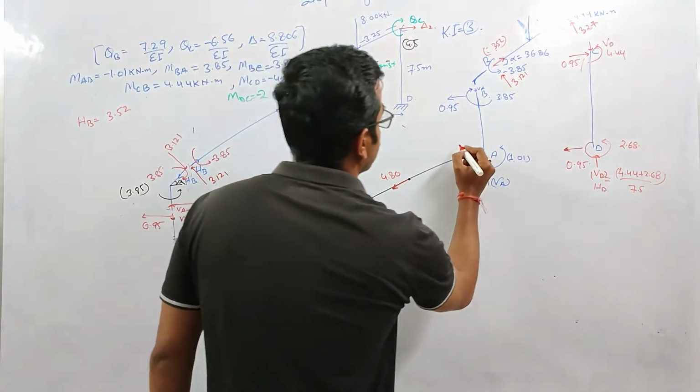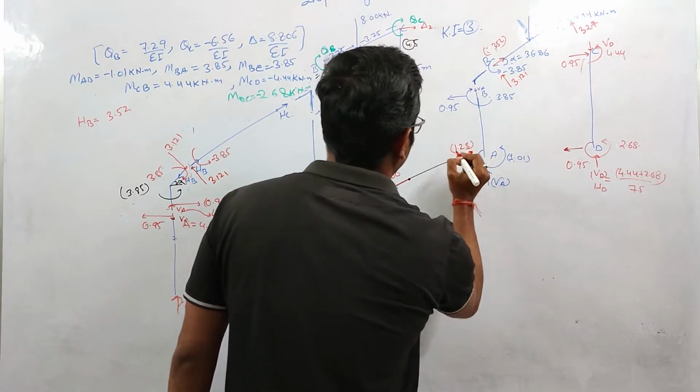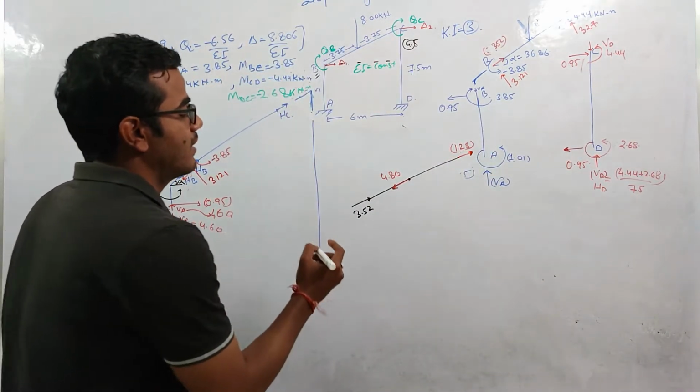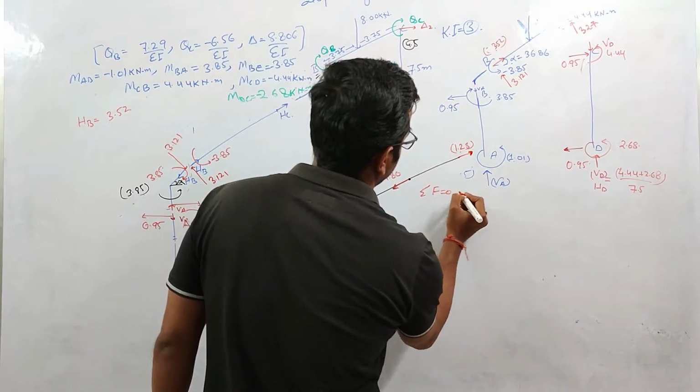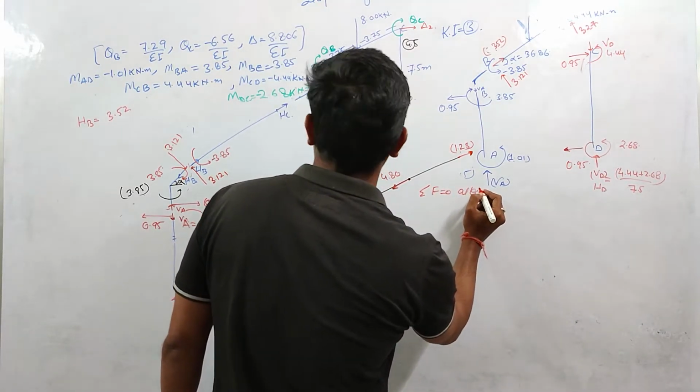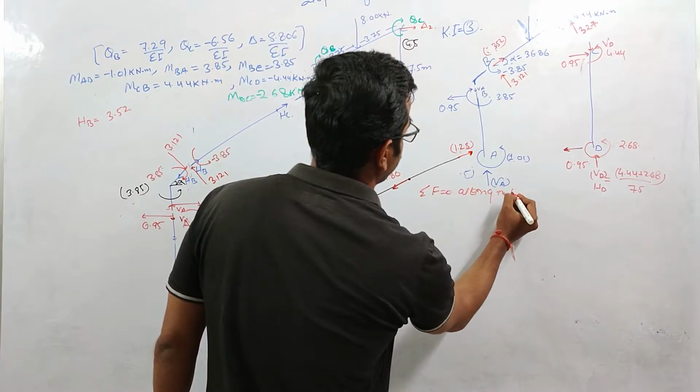Okay, so this is 1.28 from here. If we take summation F equals 0 along this beam, along the beam, right?